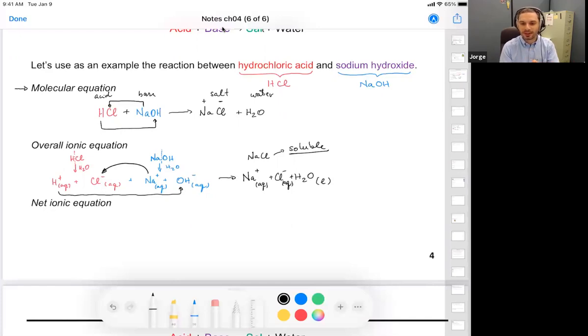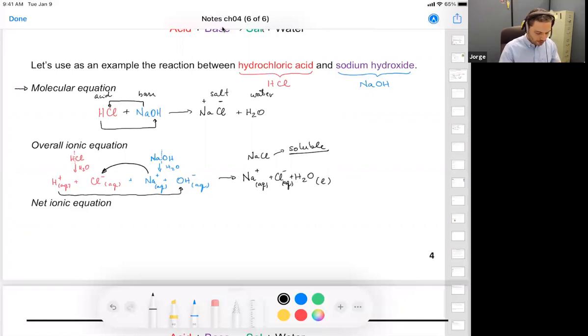In this case, it is soluble, therefore we have sodium plus and Cl minus. And that's how you write your overall ionic equation. And then just make sure everything is balanced out.